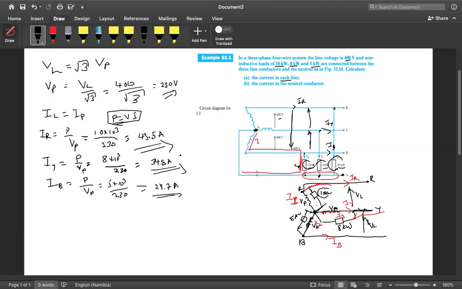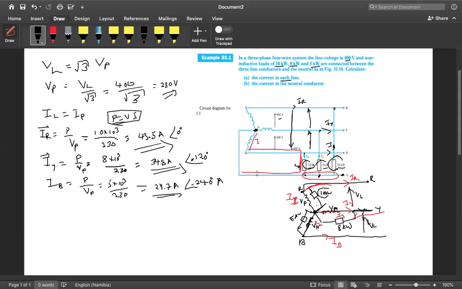Now, what you must always remember is that IR is the one that is leading, so the angle, if I write it as a phasor, is 0. Each phasor here remains the same because the load is purely resistive. The phase differences are merely because of how the electricity is generated.